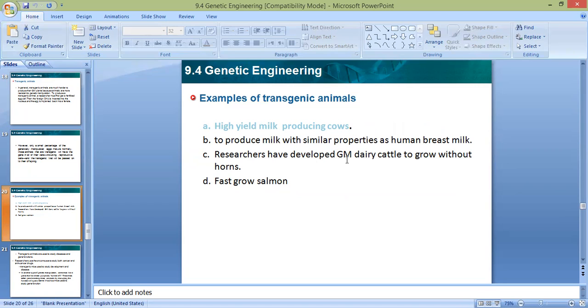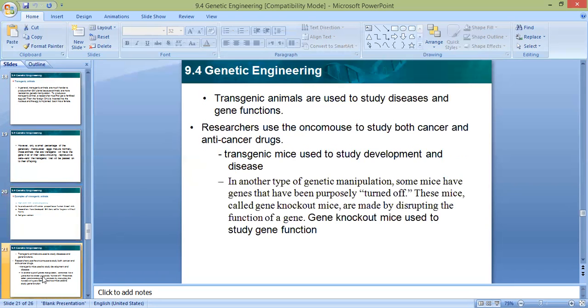GM means genetically modified, meaning their genome was altered, it changed because new genes from other DNA were added or inserted into the DNA of the organism. There are also transgenic animals like fast growth salmon. Okay, any questions till here, guys? No, teacher. Clear?